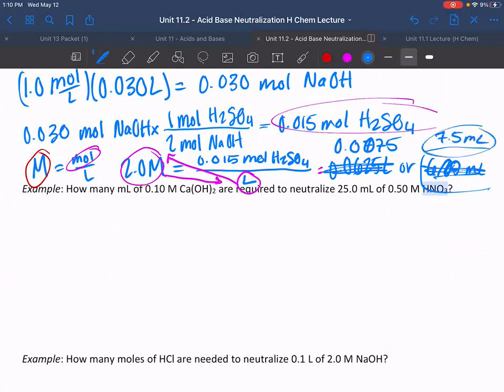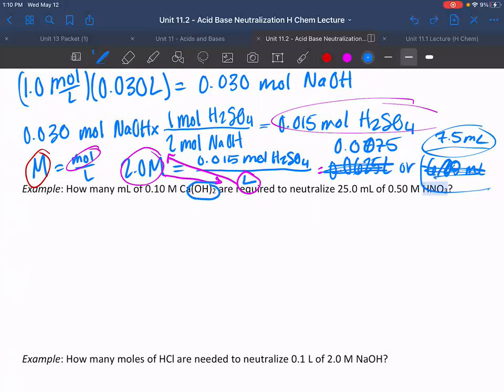Alrighty. Next one here. This one is asking how many mL it will take of the base to neutralize the acid. Looking at our ratio, we have 2 hydroxides for every 1 hydrogen.